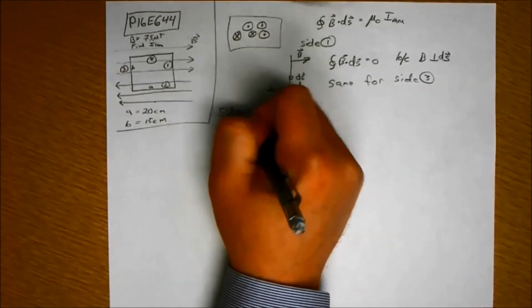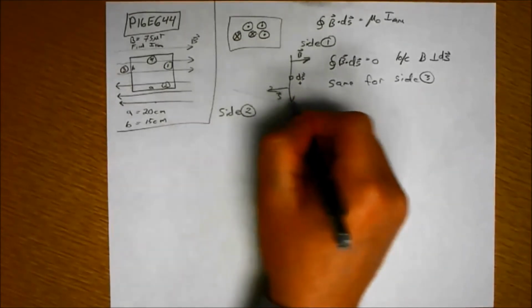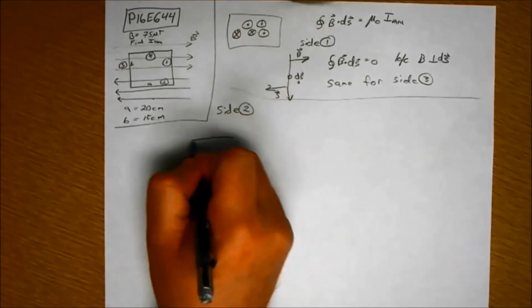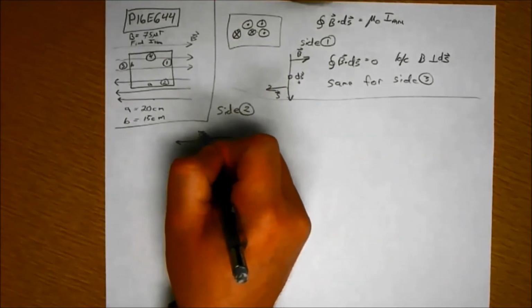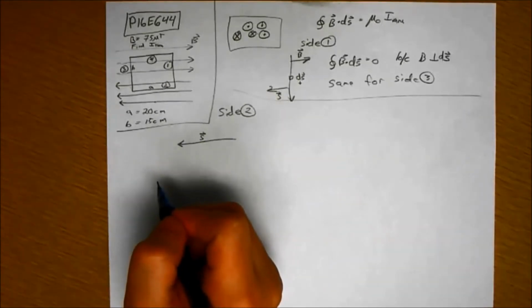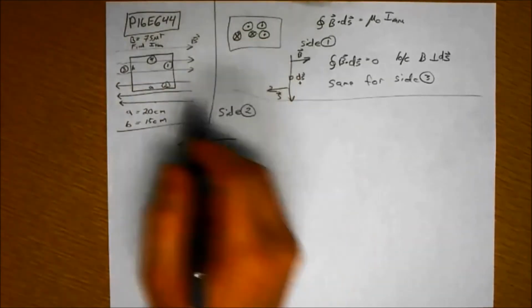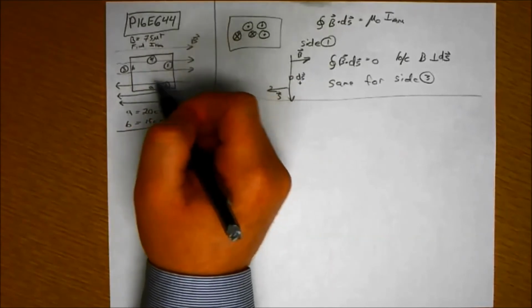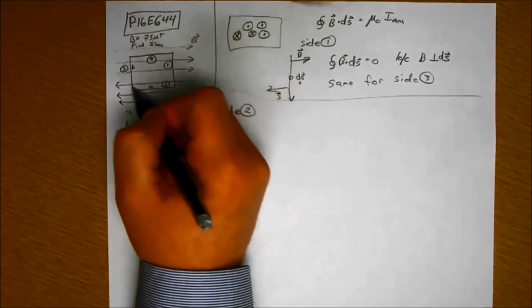So for side 2, you have S in this direction. Why in that direction? Well, I'm just choosing to go in that direction. I could choose to go whatever direction around the loop I wanted, as long as I was consistent the whole way around.